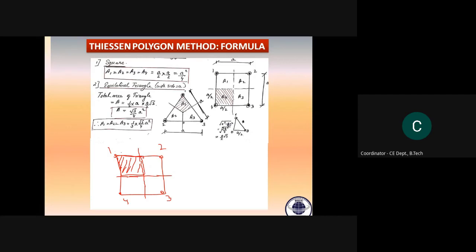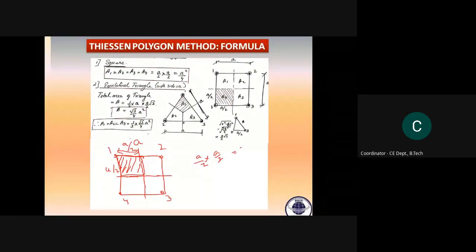Now how will we find it? We know this length is how much? A. The distance from 1 to 2 is A. So what is this distance then? A by 2. Exactly, this is a perpendicular bisector, so this is A by 2 and this is also A by 2. Now what is the area? A by 2 into A by 2, length into breadth, right?